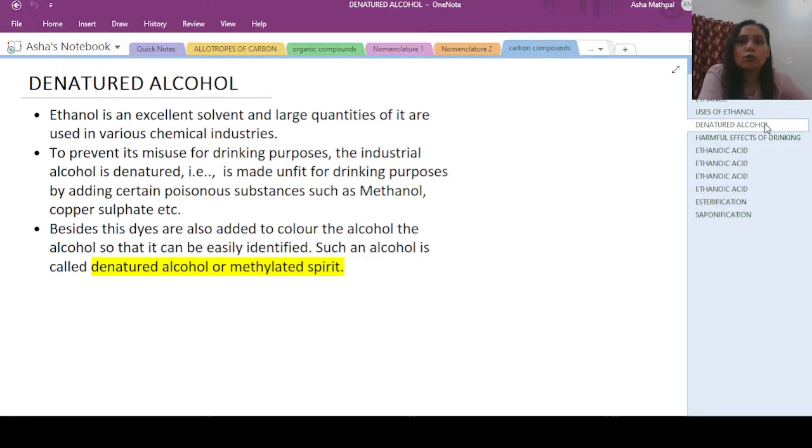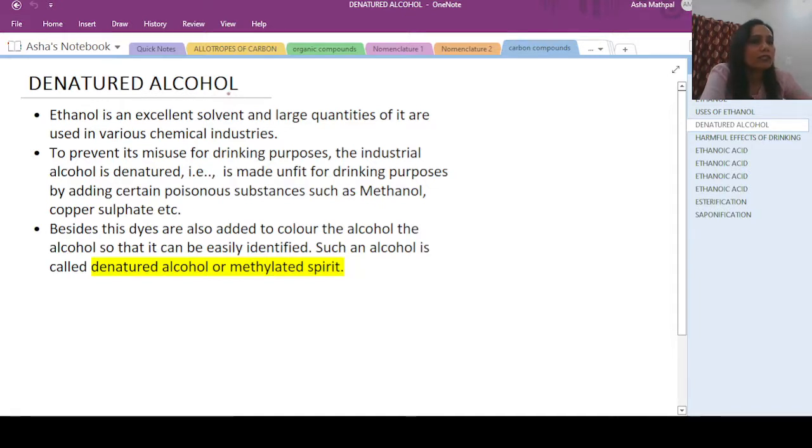Now let us go to our next topic, which is denatured alcohol. If you see the name, it is denatured alcohol, that is alcohol which is not fit, and it is not good for drinking purposes.